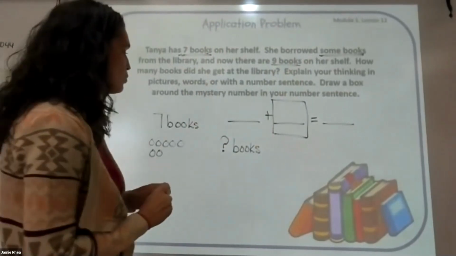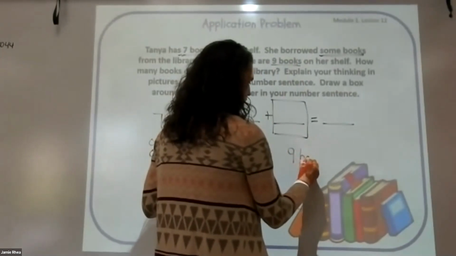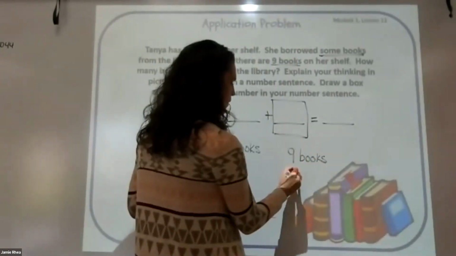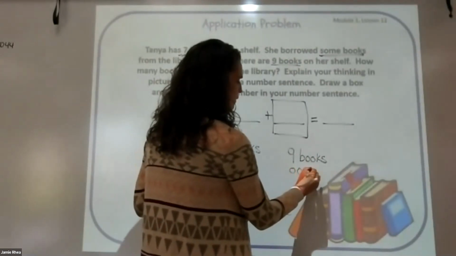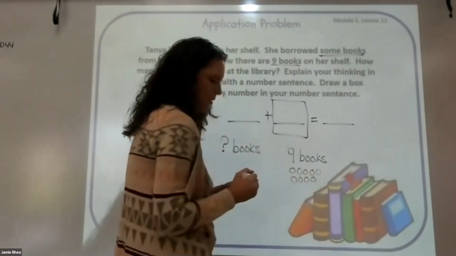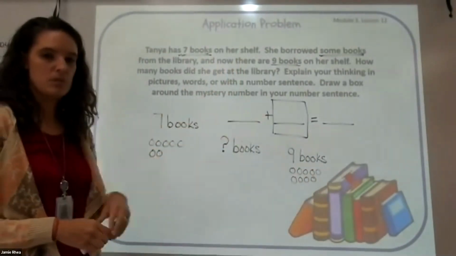So let's use what we know. I'm going to go ahead and draw up my 9. 1, 2, 3, 4, 5, 6, 7, 8, and 9. Now I'm going to use what I know and fill in my number sentence.